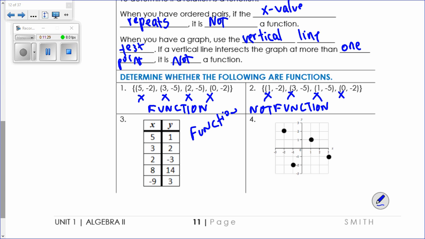And number 4, I have -2. I have -1. I have 1 and 3. No repeating x values. All these points, there's only 1 point at each x value there. Okay?